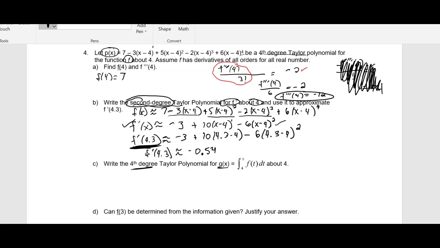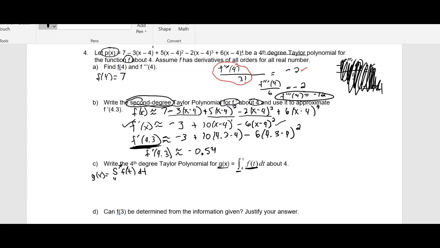What g of x requires you to do is to take f, which is what you were given in the original problem, and we now want to do the integral of that, or the antiderivative. So g of x is equal to the integral from 4 to x of f of t dt.